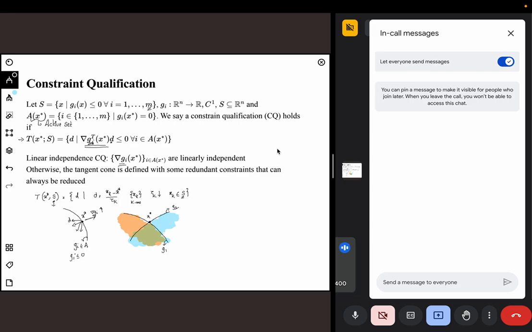At this particular X star, when I take the normal for G1, this will be normal to G1. So this is grad G1 at X star, and this is my G2, so this will be something like grad G2. If this is grad G1, then how do I get the tangent? I have to select all the vectors that make obtuse angle with respect to this particular normal.